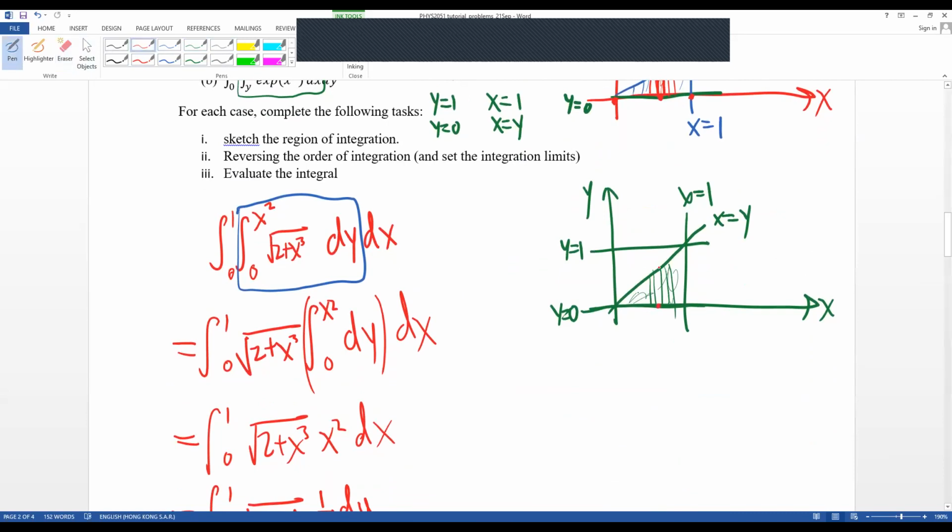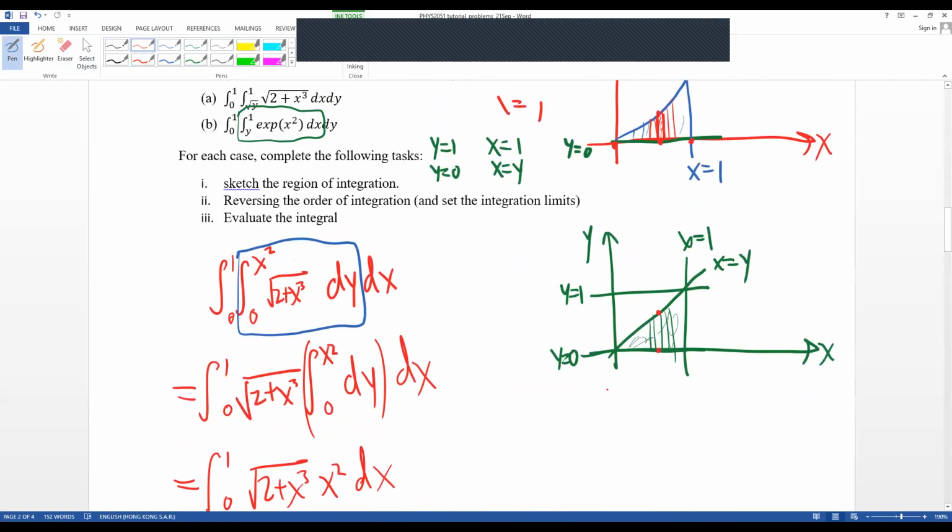Then I consider this y position and this y position. y always goes from 0, and then because x equals y, this is x. And then again, for the outer integral, start from here and here, so from 0 to 1.